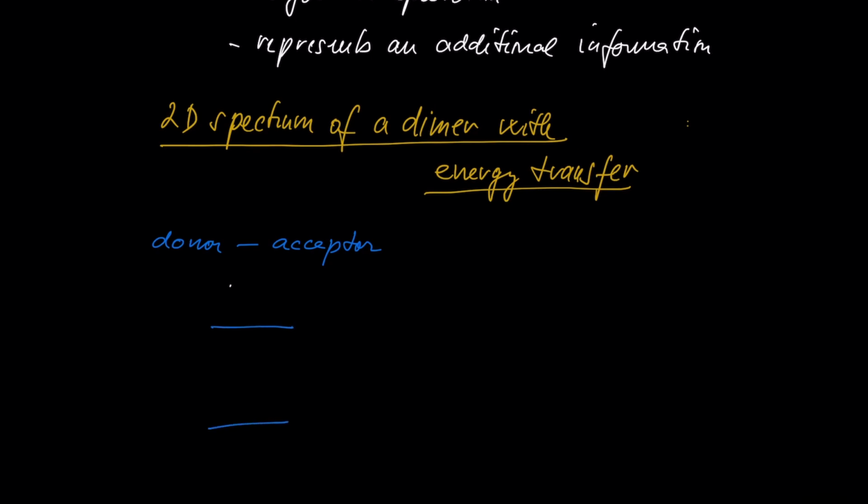This is, let's say, the donor having its ground state and excited state, and there will be an acceptor, and it will have a smaller energy gap so that it can thermodynamically be expected to be populated preferentially. So it also has a ground and excited state. So this is the picture of the system.